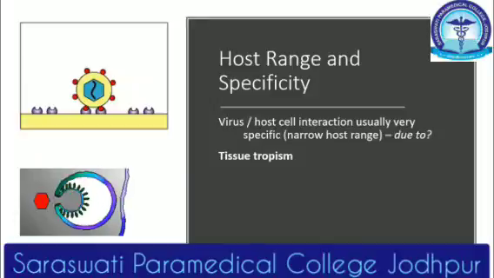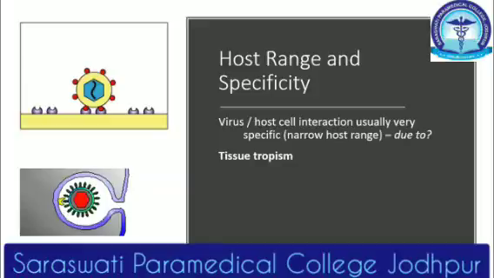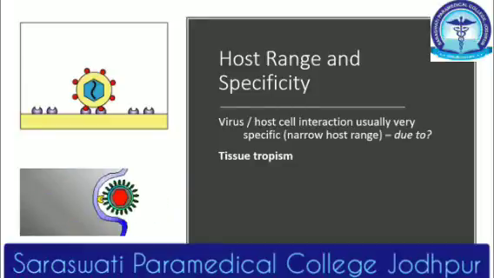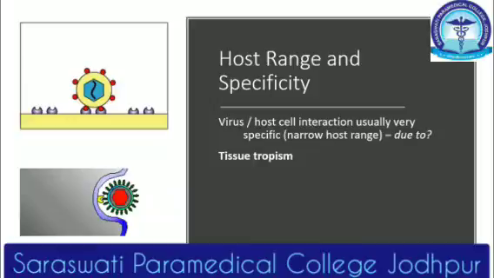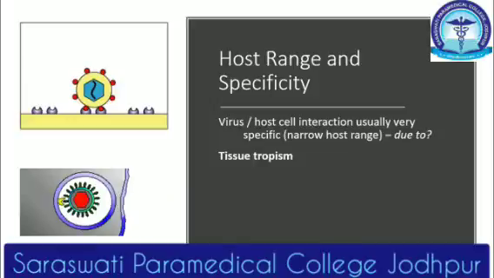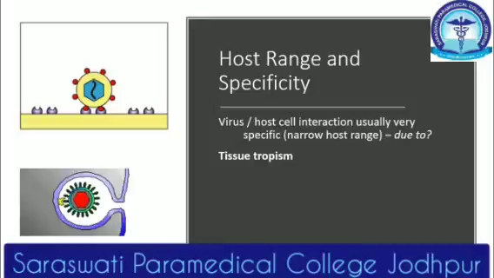Another very important thing is host range and specificity. You can see the picture animation on the left-hand side here. Host range and specificity is another very important property of virus. A virus has its specific host range. It can be narrow or it can be broad.